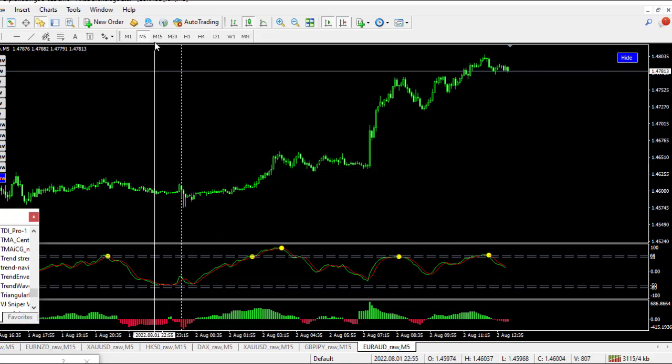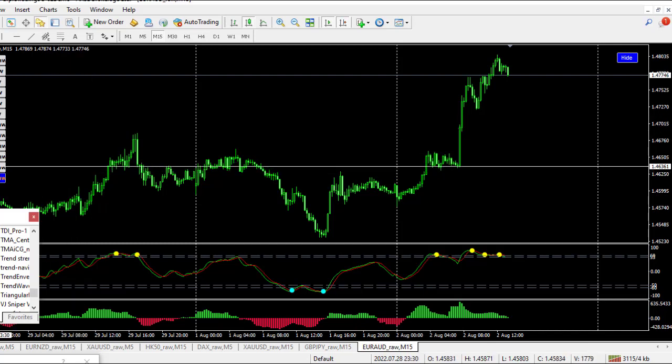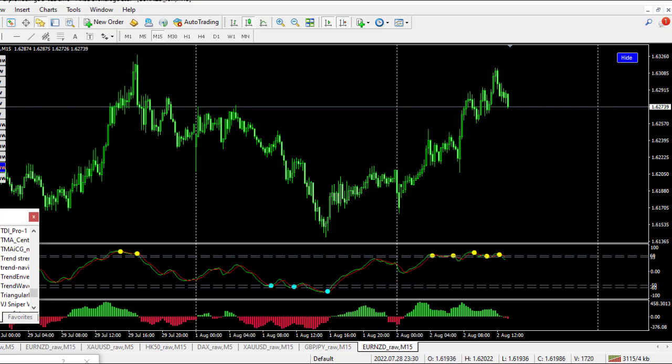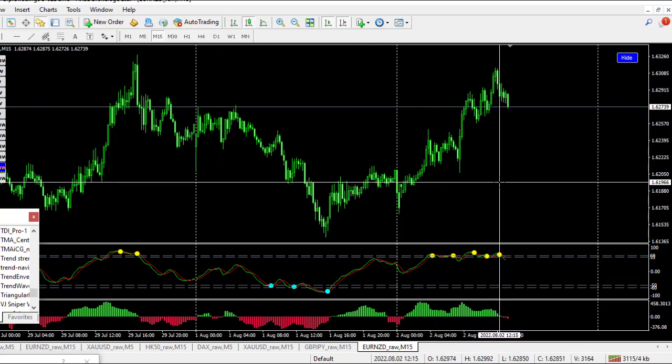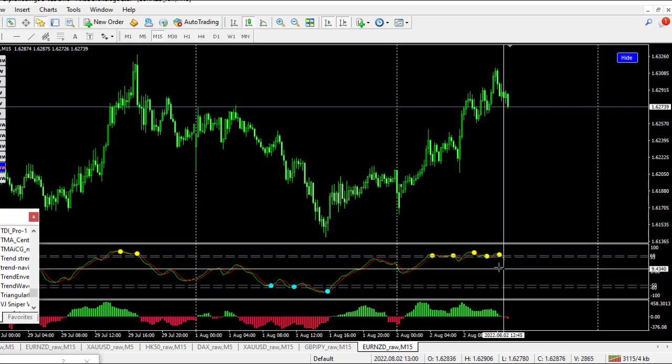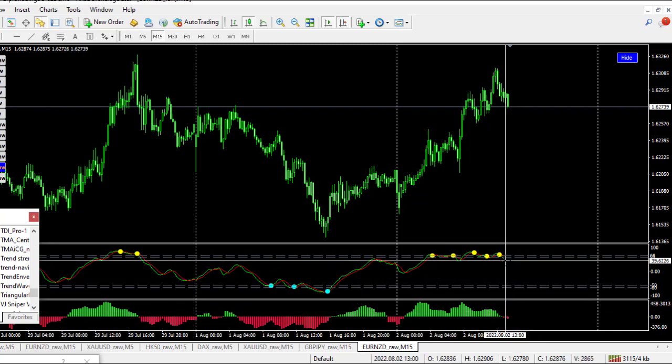And let's check another pair. This is Euro New Zealand. At this point too, this is the 15-minute time frame, we have a confirmation right now for a sell for this particular trade. We have this yellow ball here and this turned to red, so this is a good signal.